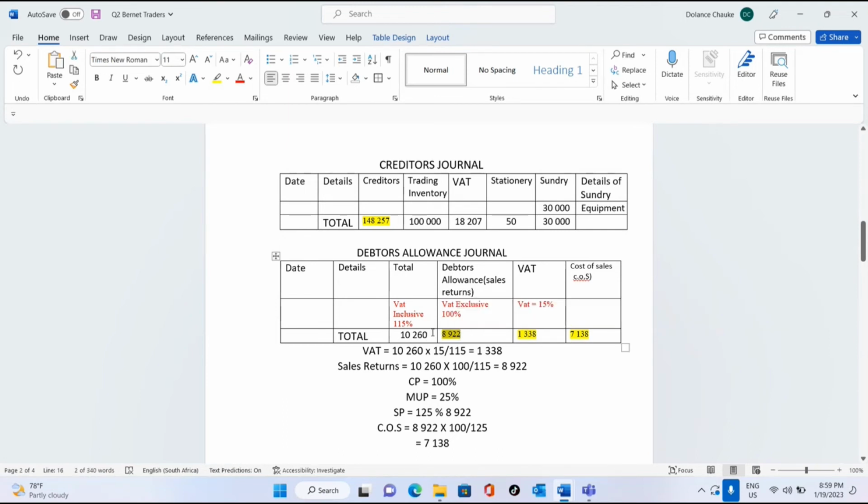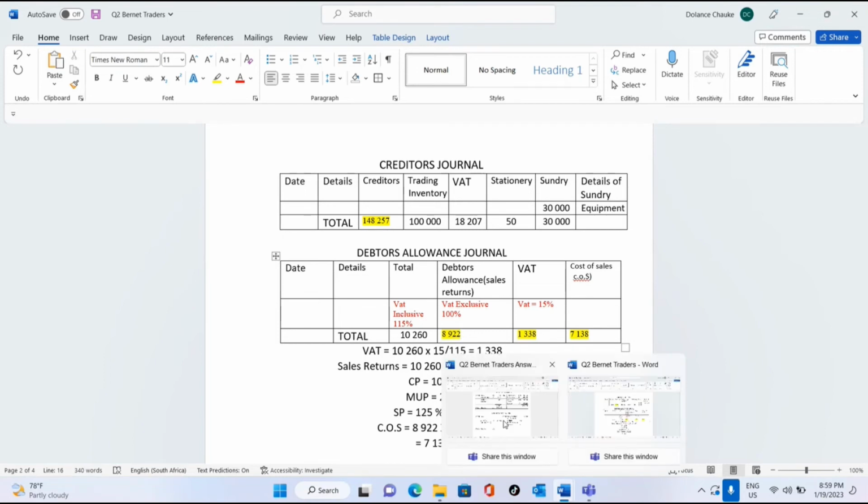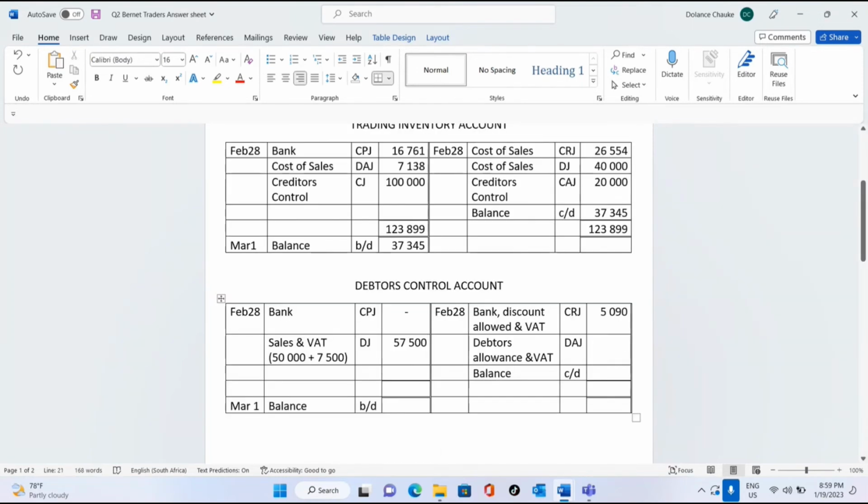Then we'll get 10,260, which is this plus that. So we're just going to come here and say 10,260. I hope everyone understands now. And then now we are done.